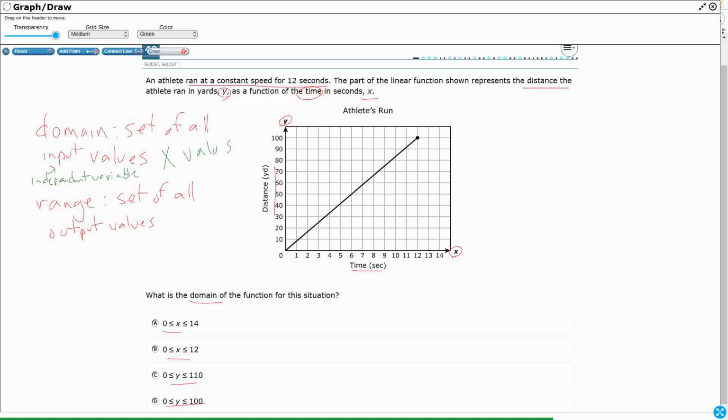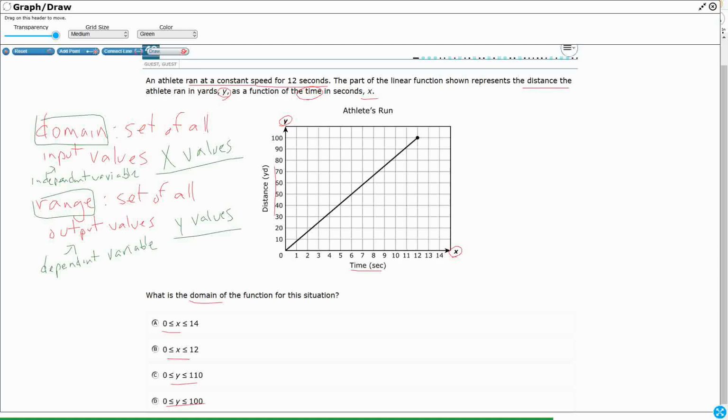So when you think domain, you need to think the x values. And then our output is going to be our dependent variable because it depends on what happens with the independent variable. And it is viewed as our set of y values. So if you can just remember, the domain is the x, the range is the y, we're good to go.